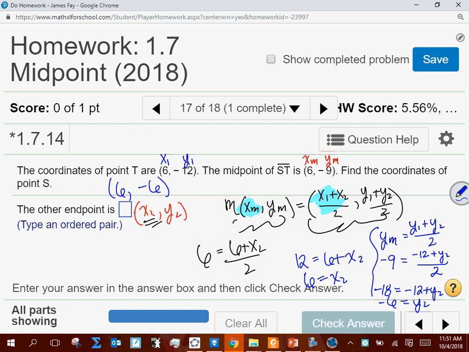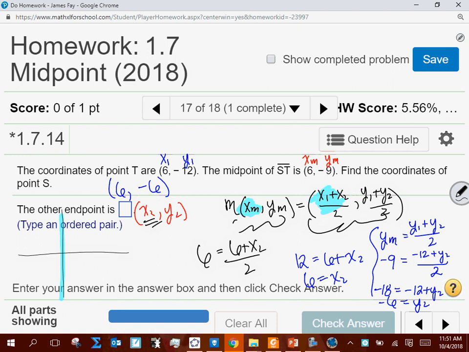Which one though? The x values are the same, the y values are different. That'd be vertical, right? So this thing's vertical. If this thing's vertical, I think about graphing this.